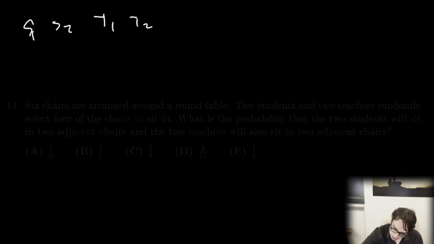Let's also label the chairs. When we add these extra conditions, making the table distinguishable, different rotations of the table count as different placements.